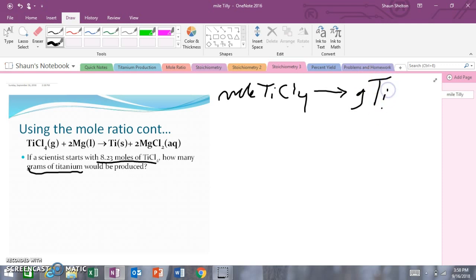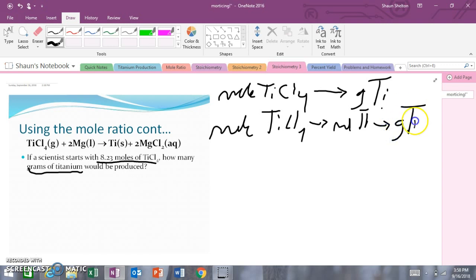Now, it looks like we can go from moles to grams, but that's not what we need to do. What we need to do is convert moles of tickel into moles of titanium, and then that converts into grams of titanium. So there's two calculations here. Let's go ahead and do it. We got 8.23 moles of tickel.